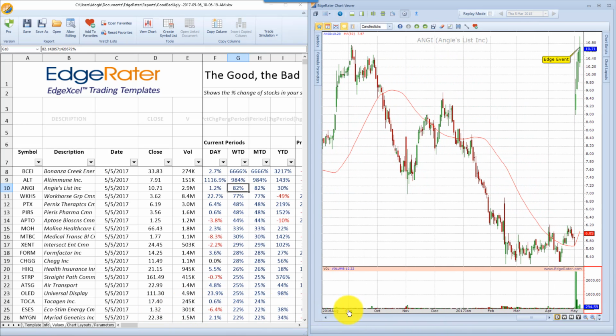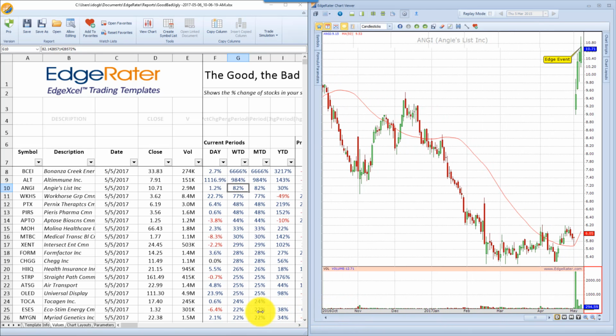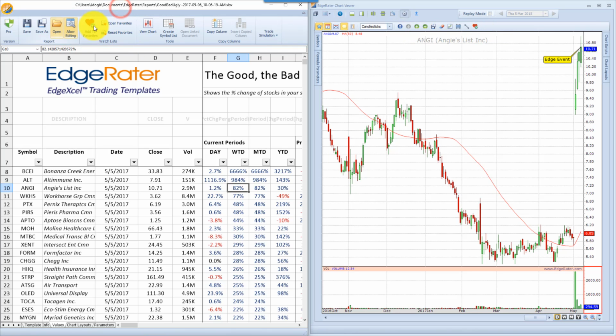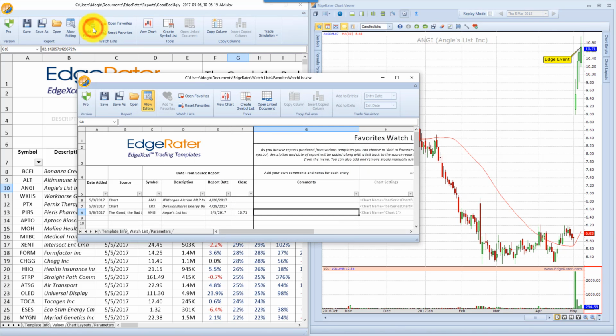So things that I find of interest on a weekly review, I might just click on my add to favorites. And if I do it from the template report, then it's going to store the information about where the stock came from. So it came from this good, bad, and ugly template. And I'll just put a comment in here saying, good week, at resistance.